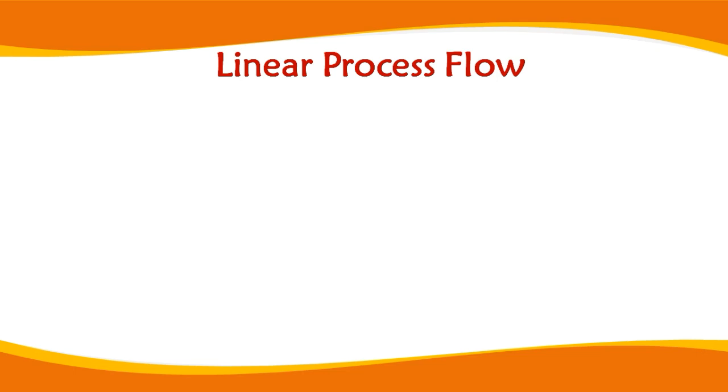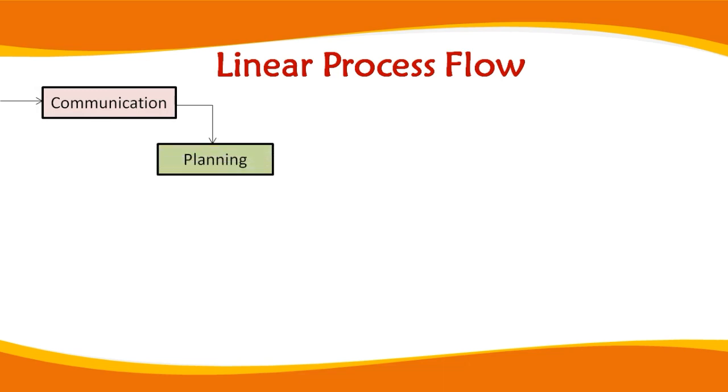First, communication takes place between customer and developer. That is the first phase. After the completion of this phase, it is going to be planning. The developer has taken all the requirements and specifications from the customer, so then he is going to do planning. After the completion of planning, they can enter into the modeling phase.